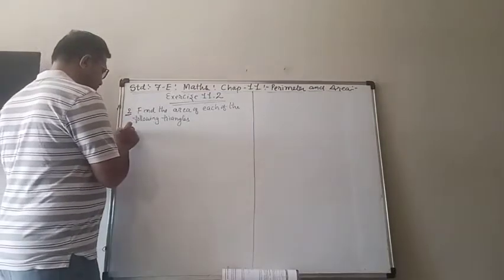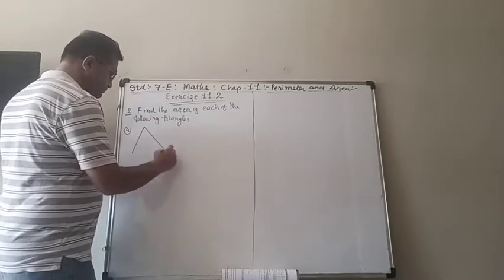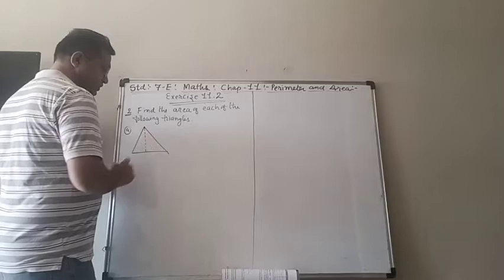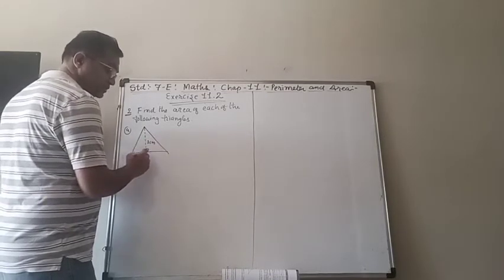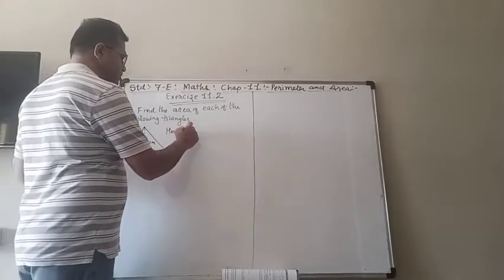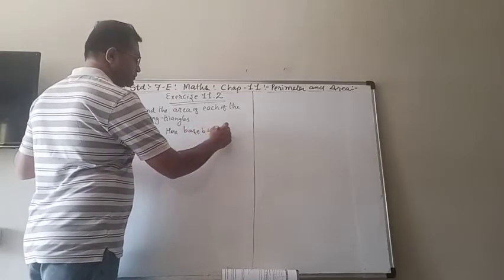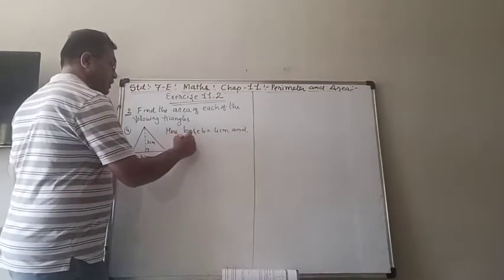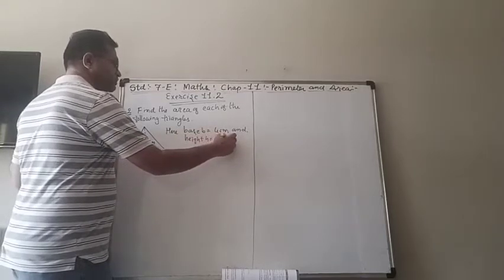So let's take the first one. Here the perpendicular is there and measurements are 3 centimeter and 4 centimeter. So here base B is how much? 4 centimeter, and height H is 3 centimeter.